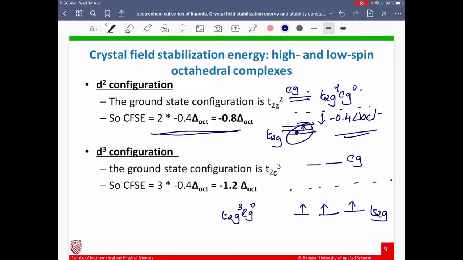The energy difference between the barycenter and t2g is minus 0.4 delta octahedral. So the crystal field stabilization energy, with 3 electrons, is 3 into minus 0.4 delta octahedral, equal to minus 1.2 delta octahedral.